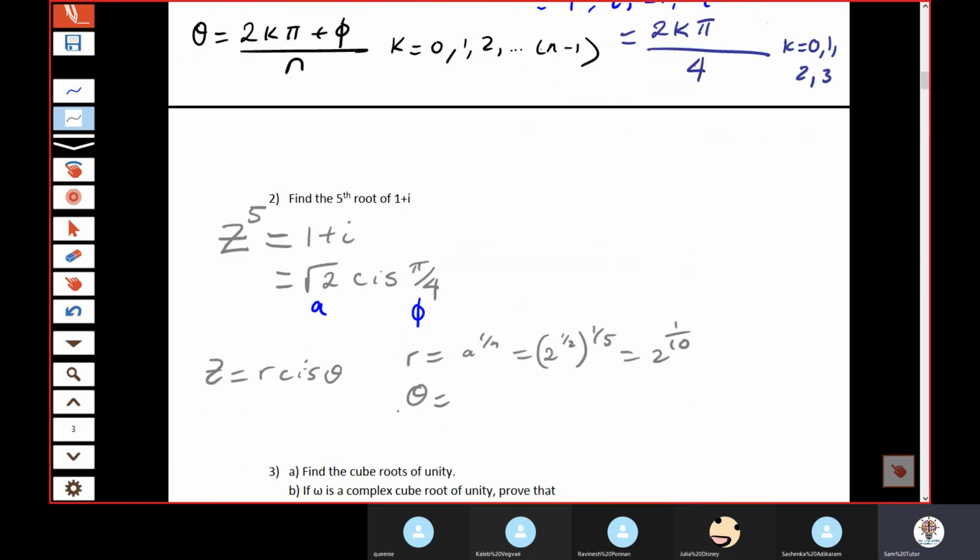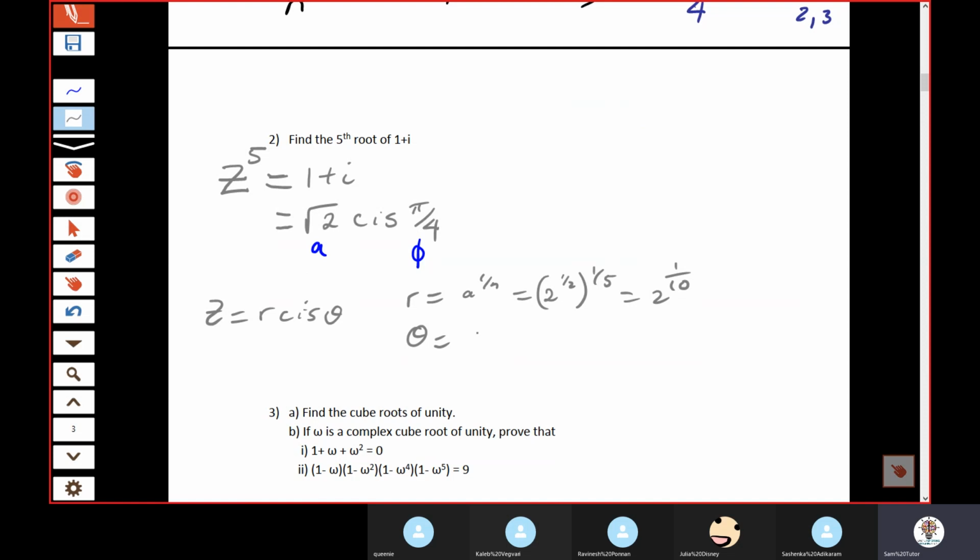So theta equals 2k pi plus phi over n, which is 2k pi plus pi on 4 on 5, for k equals 0 all the way to 4. That will give you 5 values.